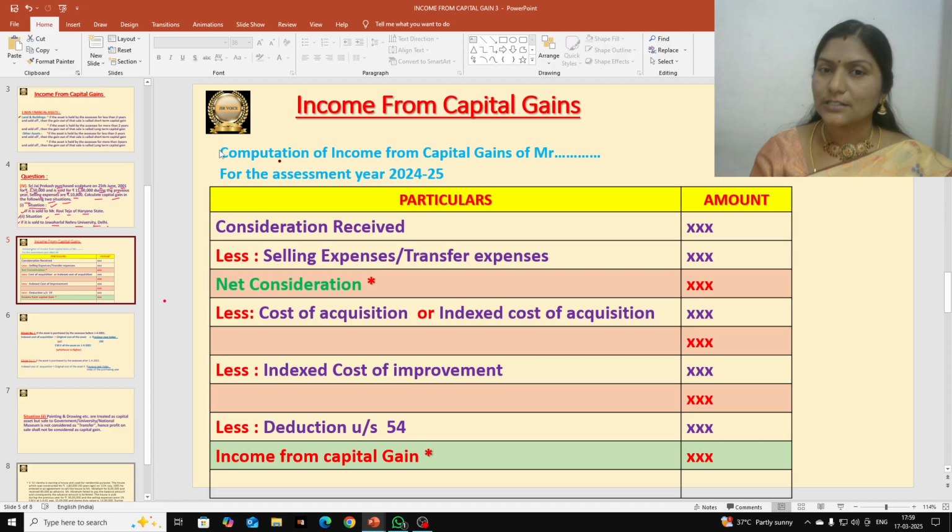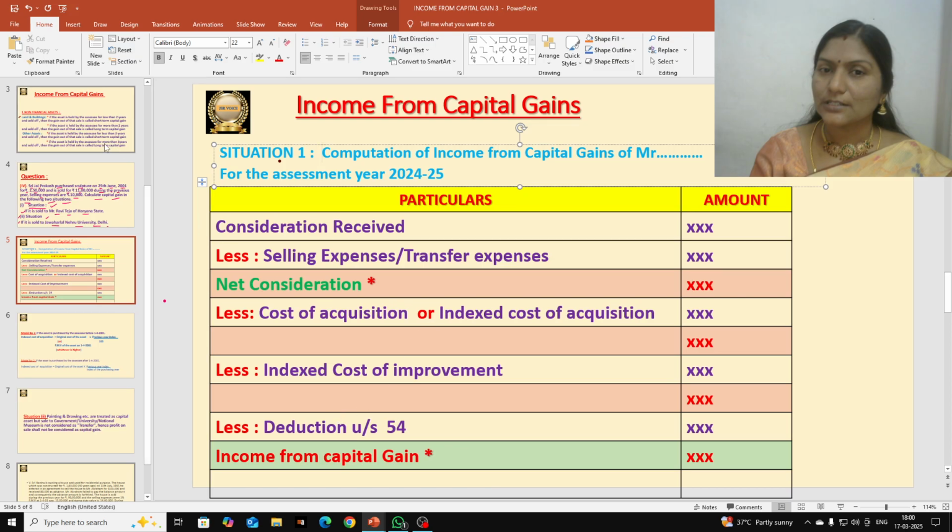So this is situation 1. Always you should draw columns, particulars and amount columns, and you should write computation of income from capital gain of Mr. The name of the assessee will be recorded here.